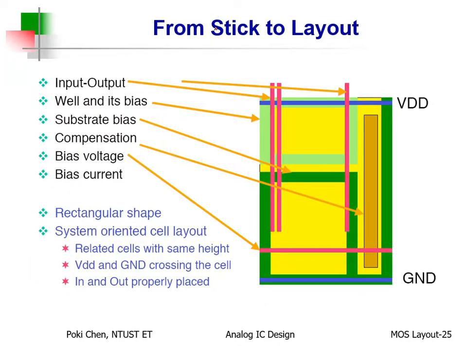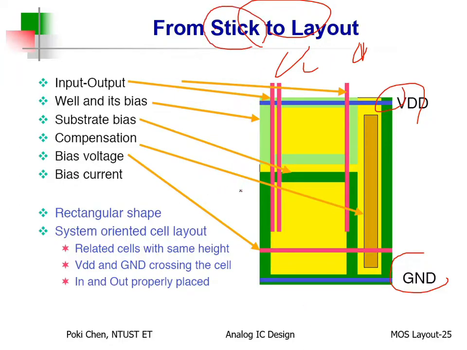Okay, yeah, from stick to layout. You know where are the polygate, where are the VDD, where are the ground, the orientation, the relative positions, blah blah blah. With stick diagram, we can control what you want for the final layout.